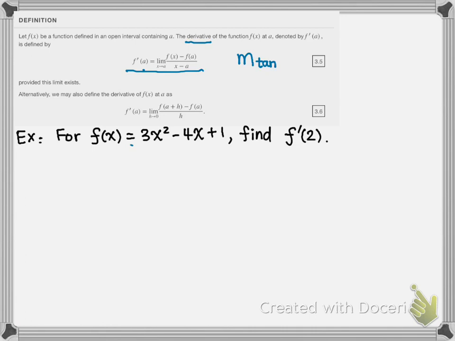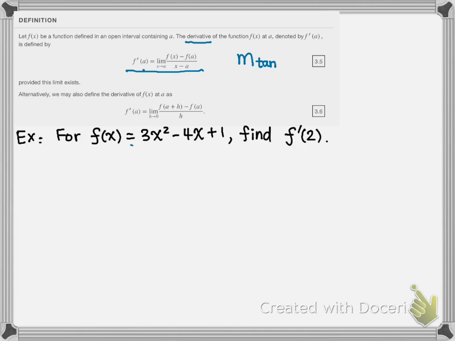On the other hand, if you need to evaluate f of a plus h, and in our example, if you have a polynomial, you might have to do a lot of expansion. So I would recommend you to choose the first definition most of the time to begin with in order to find the derivative of f at a point.